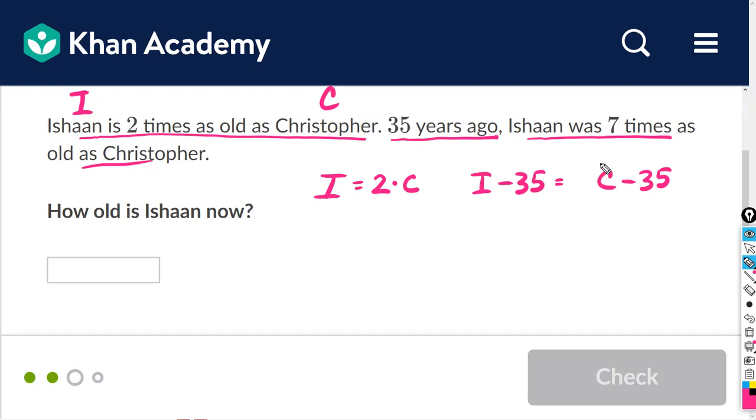So we're going to multiply this side, the whole thing, times 7. So what you're going to do is use substitution. Since I equals 2C, you just take 2C and plug it in place of I, and then you solve this equation for C. And once you have C, you plug it back in right there and you'll have Ishaan's age.